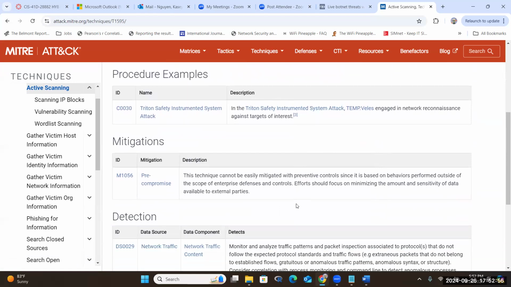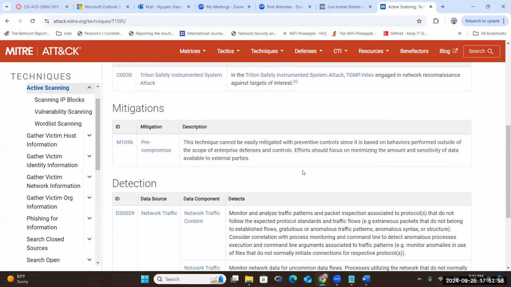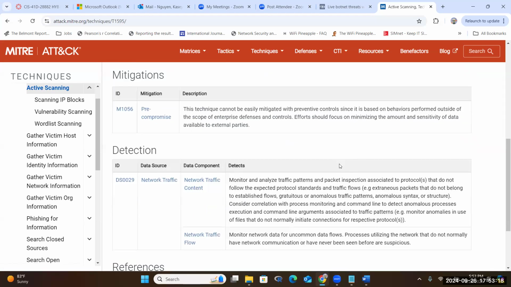So some of the mitigation, if you look at it closer, is before the compromise, right? This is how you can do a proactive defense before the compromise, right? When you're looking at the scope and the enterprise defense controls, can we really prevent this? No, we cannot.